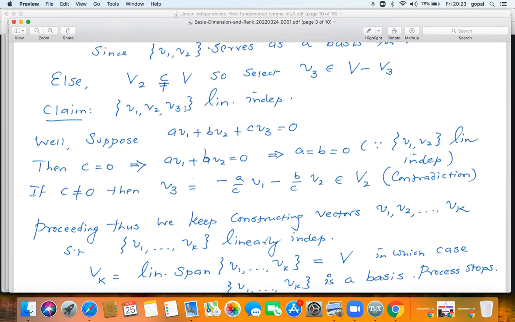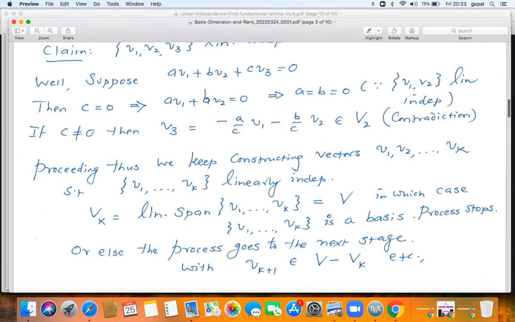So proceeding thus, we keep constructing vectors V1, V2, ..., Vk such that the set V1, V2, ..., Vk is linearly independent, and if capital Vk, which is the linear span of V1, V2, ..., Vk, happens to be the whole of V, then this set of k vectors serves as a basis. If it serves as a basis, the process stops. Else, the process continues to the next stage.